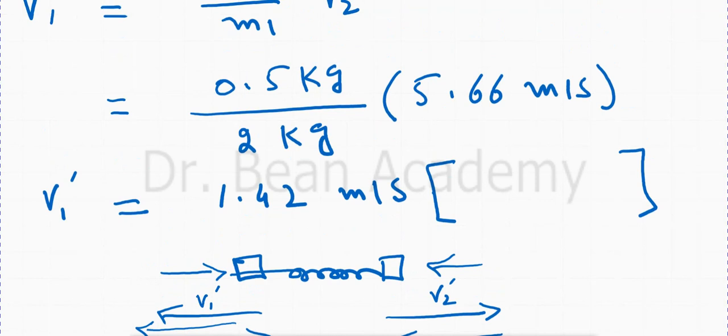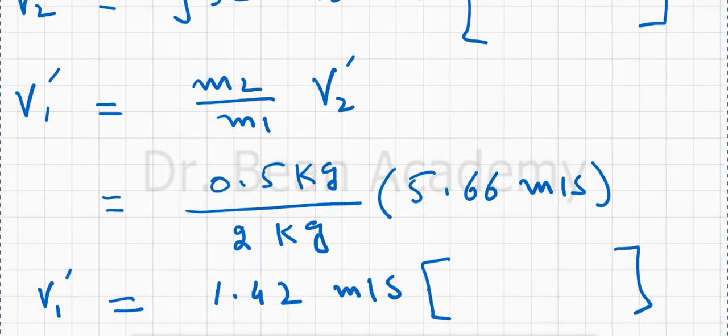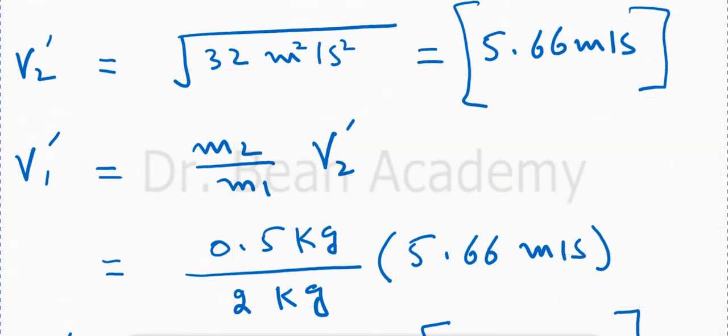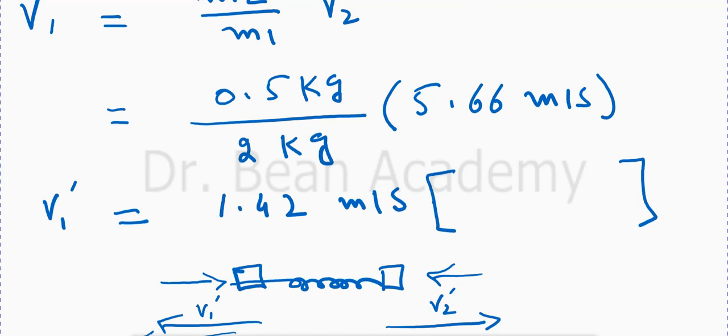So now if you insist on the negative sign convention, when we put a negative sign with one and positive with the other, it shows that they are always opposite. So you can put a negative sign with v2 prime, or you can put a negative sign with v1 prime, which will always show that the directions are opposite.